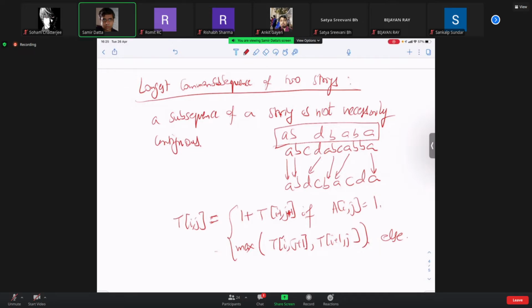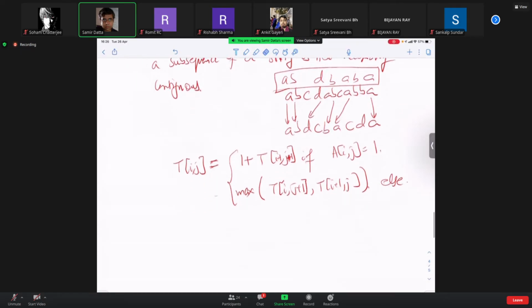Now if I replace 0 by Ti plus 1, J plus 1, I was telling Ti plus 1, J plus 1 instead of max, but I don't think that's correct.